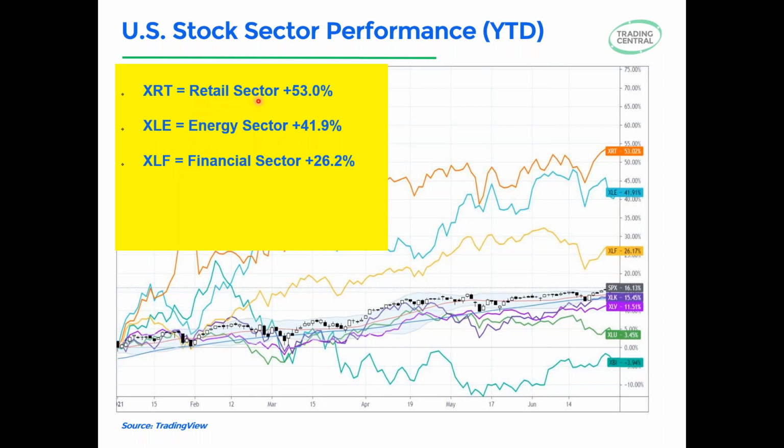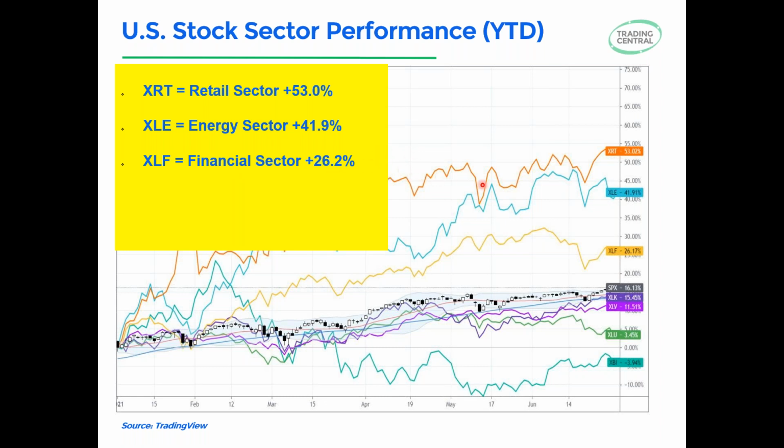Retail sector year to date is over 50% increase. It means the retail stocks in this sector are gaining 50%. Energy stocks 41%, financial stocks 26%.